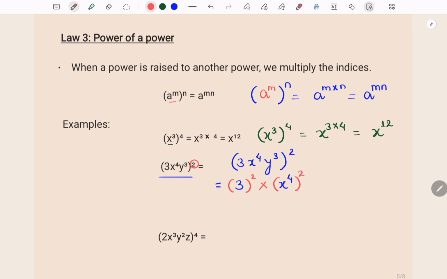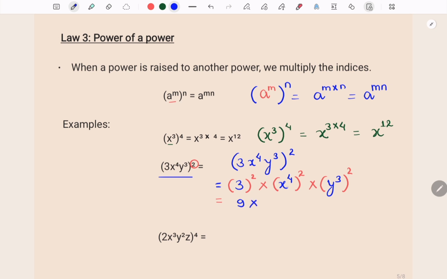Then put another multiplication. We have y cubed, right? Then put this power on it. So everything that we had inside the bracket, this power will apply to everything. So 3 squared is 9.